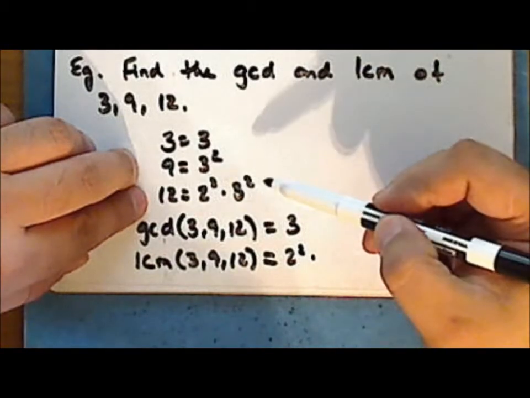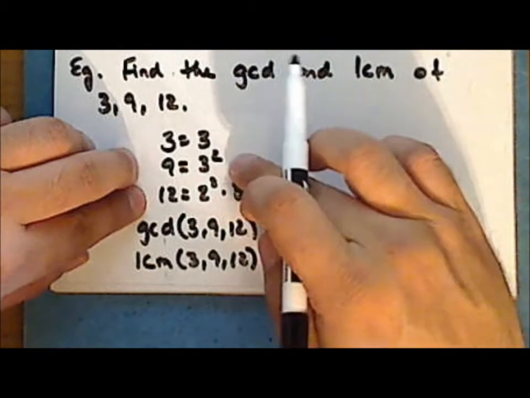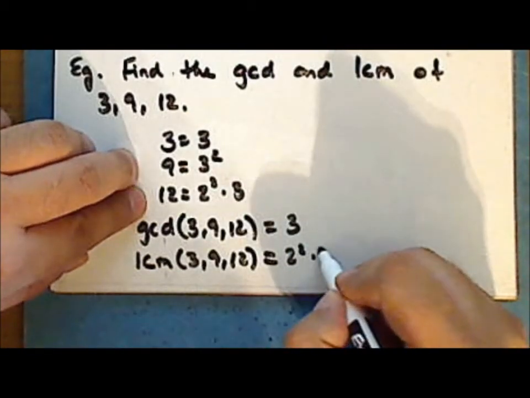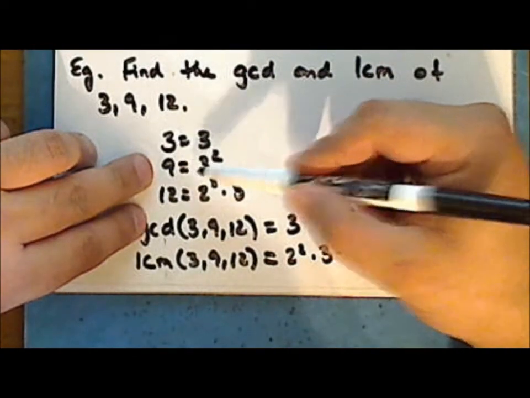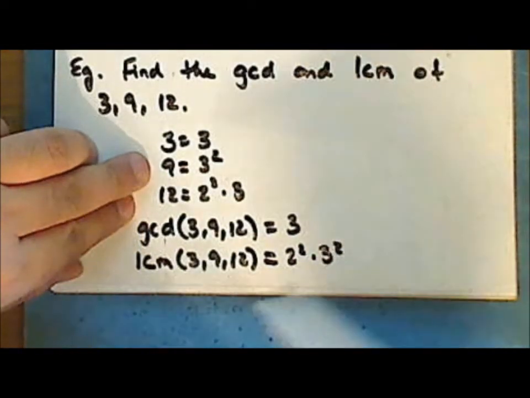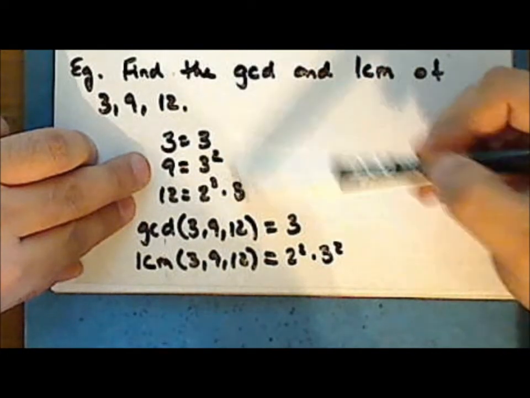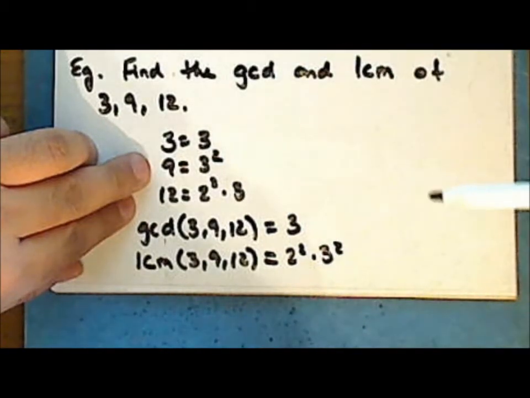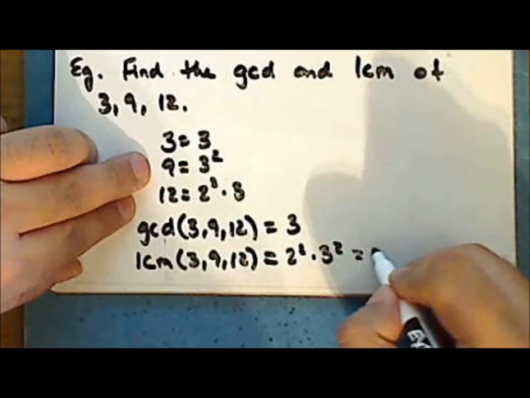And it must be a multiple of 3 squared, as that is a factor in the integer 9. So notice that the least common multiple must include the highest power of each of the prime factors appearing in the factorizations of these three numbers. So 2 squared times 3 squared is 4 times 9, which is 36.